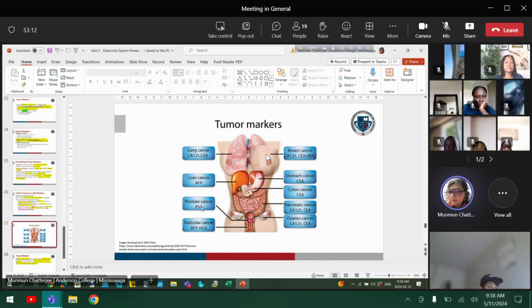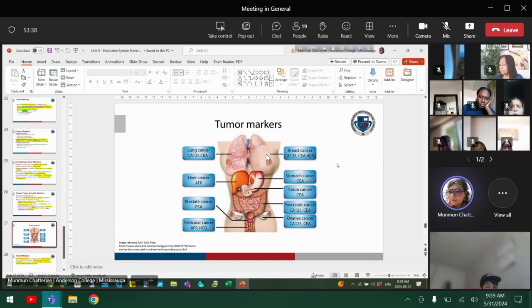Prostate, PSA. Pancreatic, it can be CA125 and CEA. Testicular, alpha fetoprotein, HCG. Ovarian cancer, CA125, CEA. For breast cancer, HER2/neu. So this is the chart.